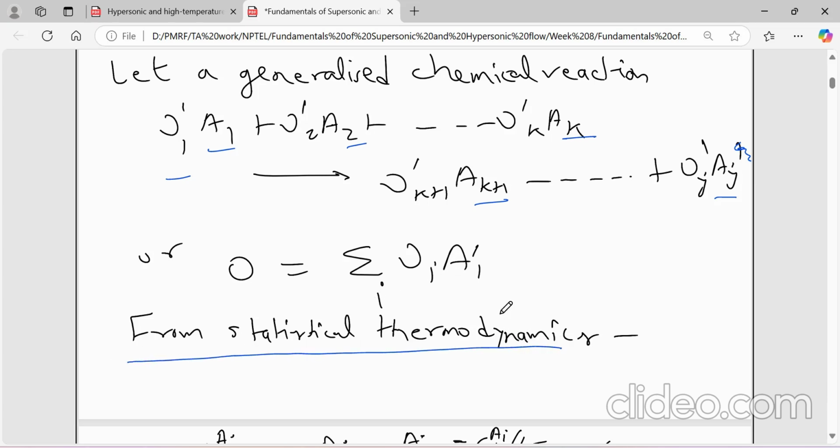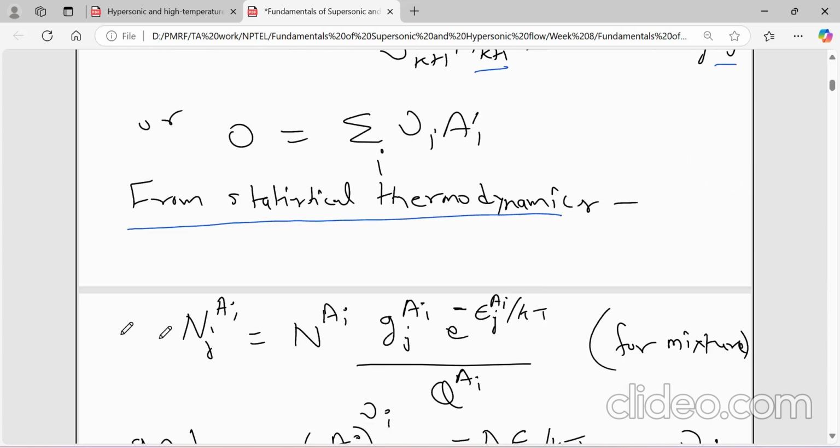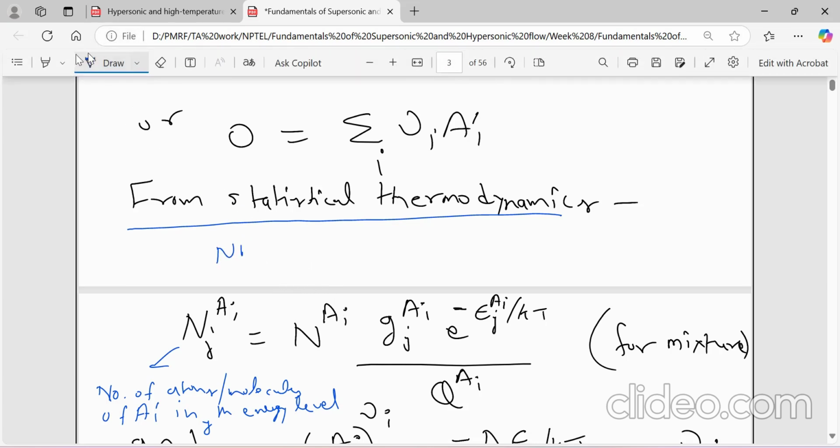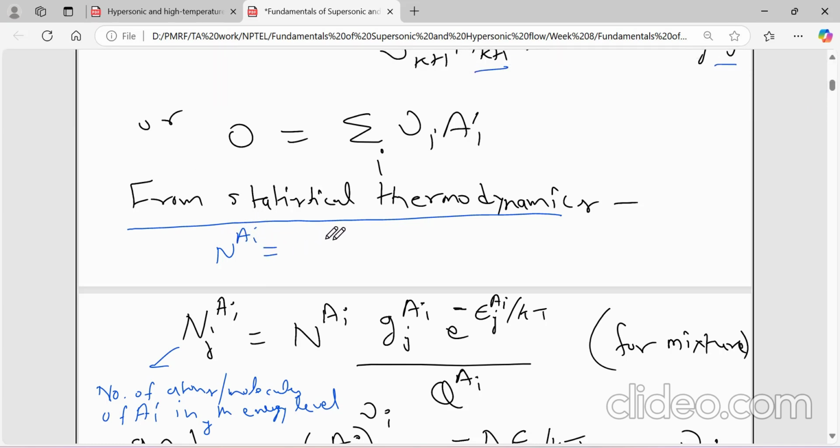So for the statistical thermodynamics, Nj of Ai is the number of atoms or molecules of Ai in the jth energy level, and it is equal to NAi, where NAi is the number of particles of species Ai.